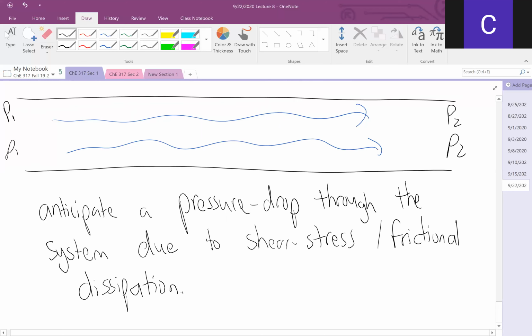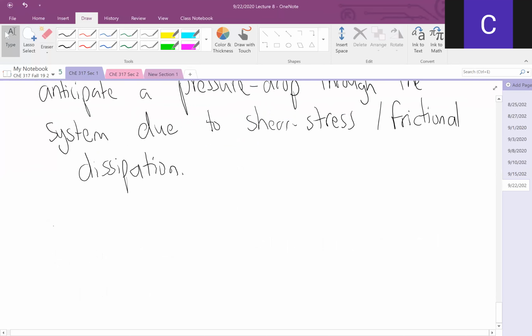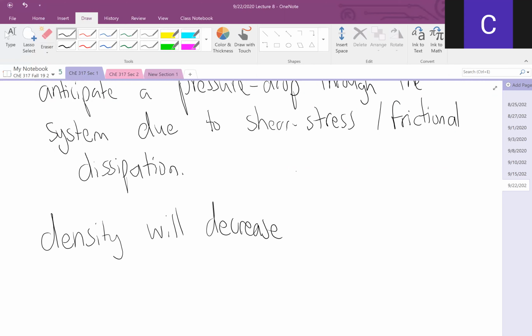If it's isothermal, I would think our density would decrease. So assuming it's isothermal, the density will decrease. You are correct. So what are the implications for that?